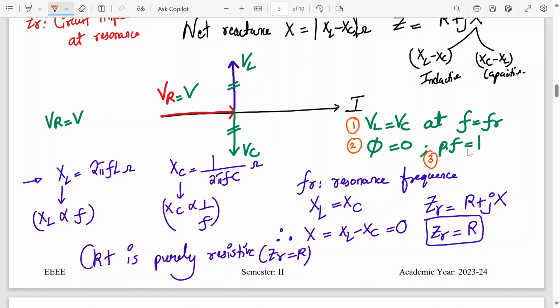Power factor is unity. XL is equal to XC. Net reactance of the circuit is 0 and ZR is equal to R. So these are all the series resonance conditions. Getting it?